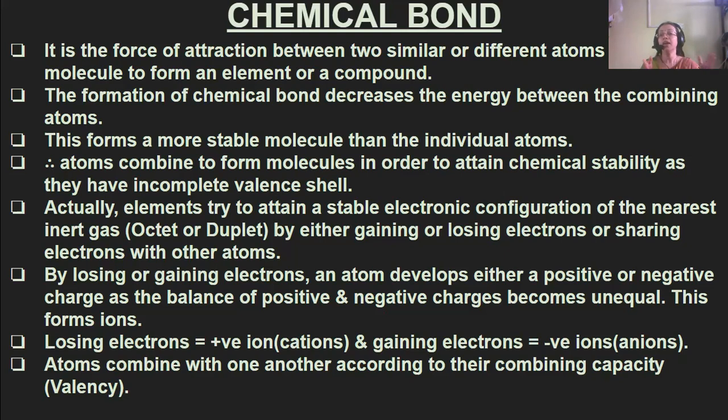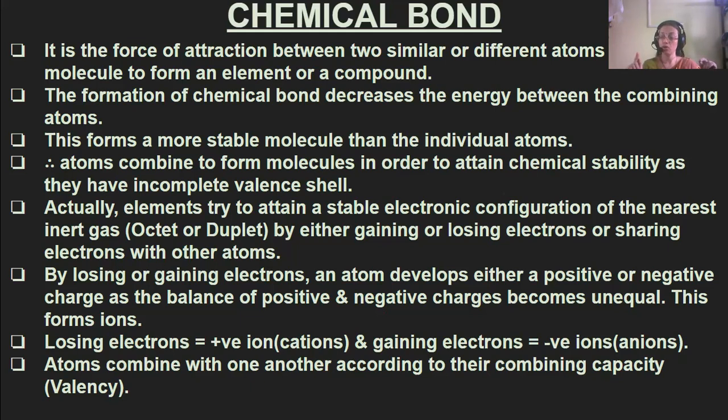Elements try to attain the stable electronic configuration of the nearest inert gas, that is, it may be a duplet or an octet. The inert gas has 8 electrons in its valence shell.